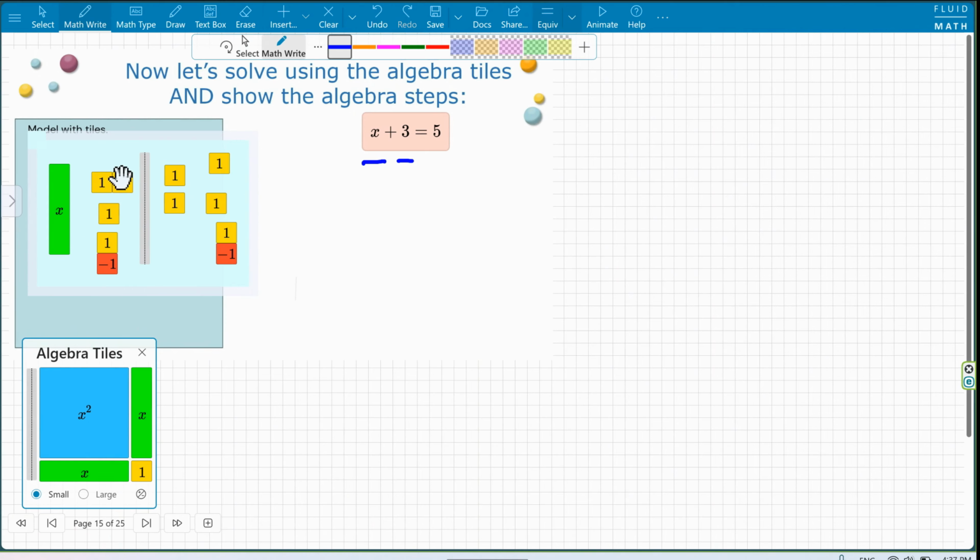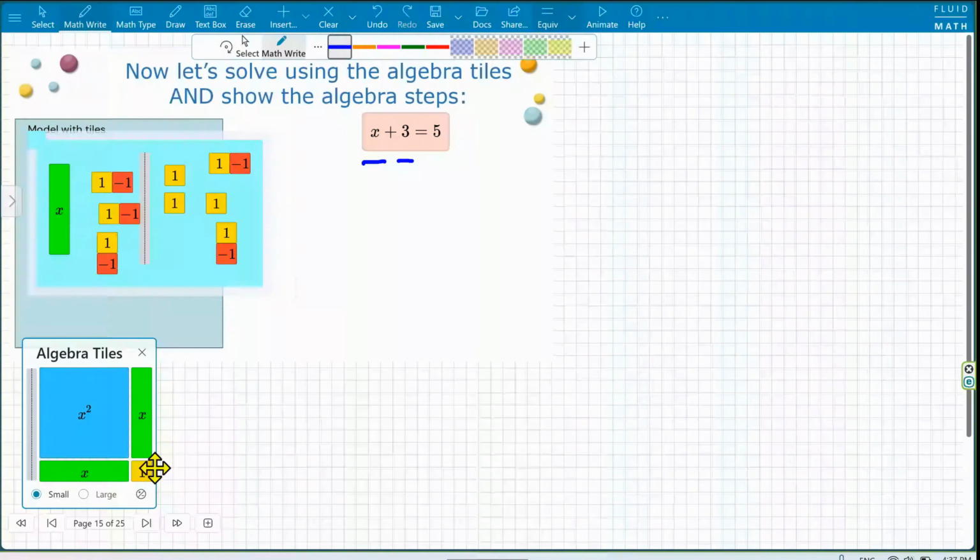I'm going to add another 0 pair over here, and another 0 pair over here. And I need to get rid of 1 more over here so I can zero 1 more on the left side of my equation, and the same thing over here. So I have zeroed them out, but I want to physically go ahead and pull it out so we can visually represent it. Before that, let's write down the math of what we've accomplished on our page.